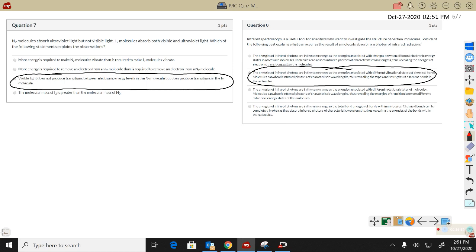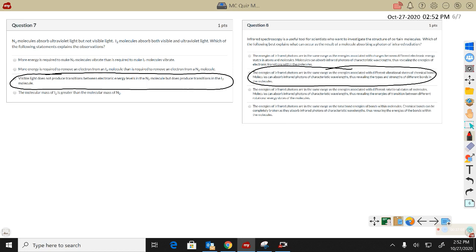Which of the following statements explains the observation? It should be the third. Visible light does not produce transitions between electronic energy levels, like electron energy levels, in nitrogen. So visible light's not enough energy to cause the electrons to move up and down the energy levels in nitrogen, but it does produce transitions in iodine.